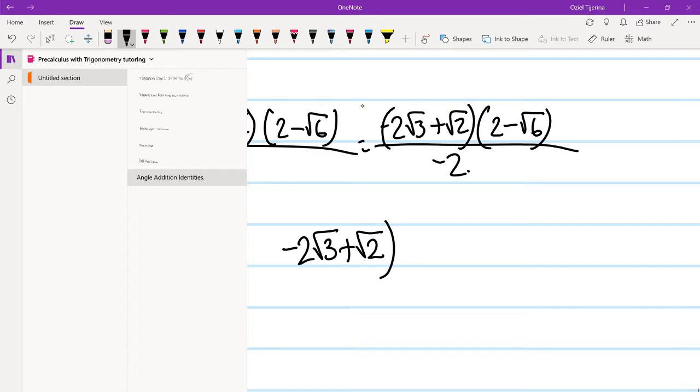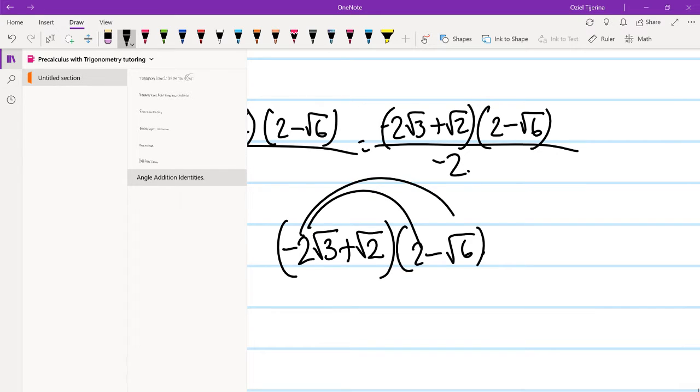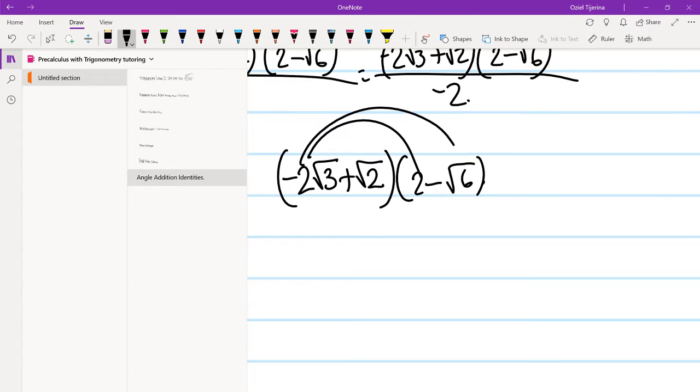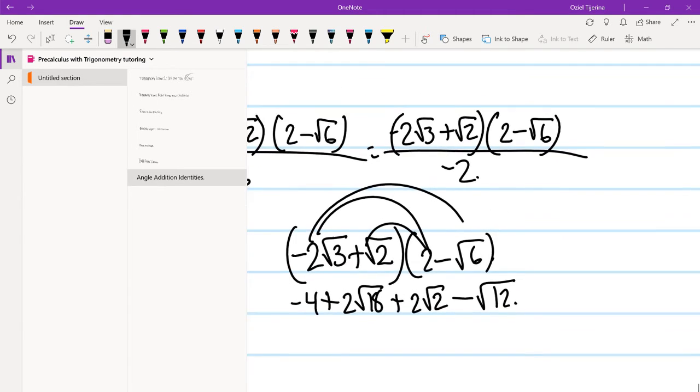I don't think they would make you do that, but just in case, to simplify it all the way, you would get negative 4 plus 2 square root of 18, since it's square root of 3 times 6, plus 2 square root 2 minus the square root of 12, and then it would be all over 2.